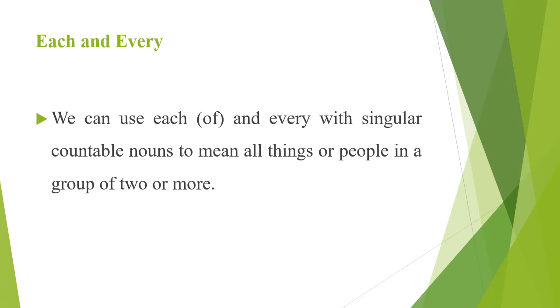So when you say each student, you are talking about any one of the students. Every student will mean all students, all in this side, the group of this community.